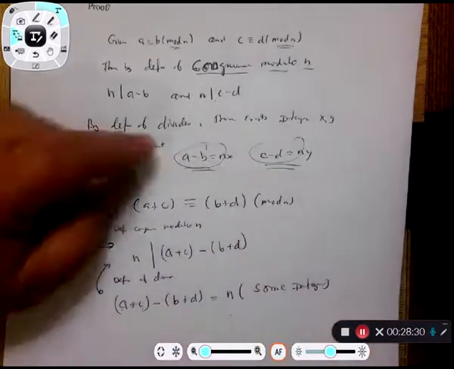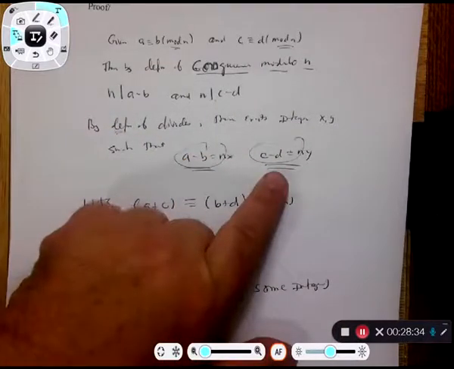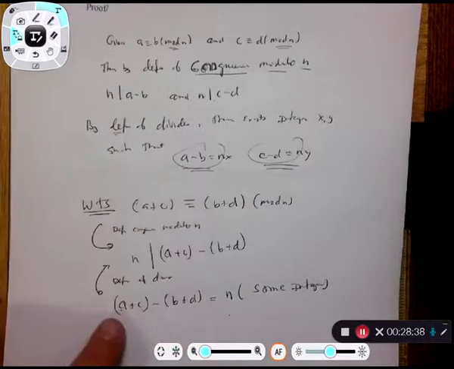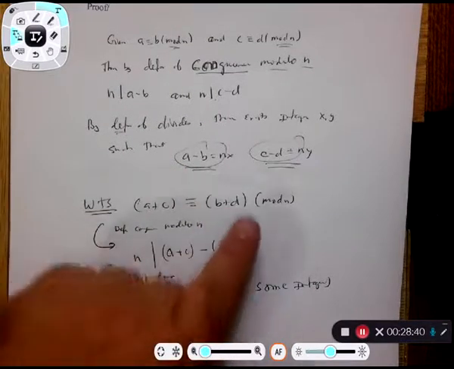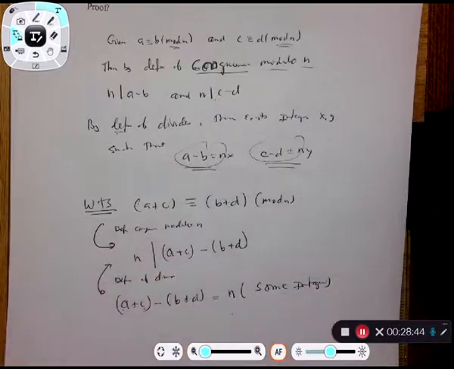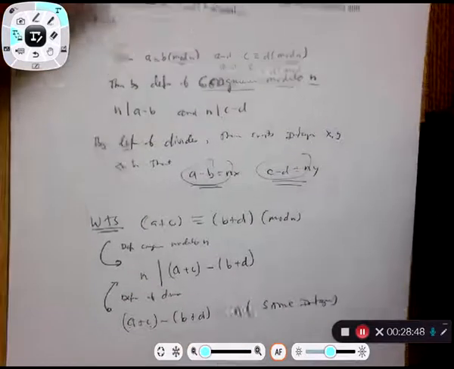And then I can group them together. That'll be A plus C minus B minus D. I can factor out the negative, and use words like factor, that's good. You end up getting something like this, and it's equal to Nx plus Ny. Factor out the N, and then you've got some integer. But then you've got to back it off. To show congruence, you've got to back it off.